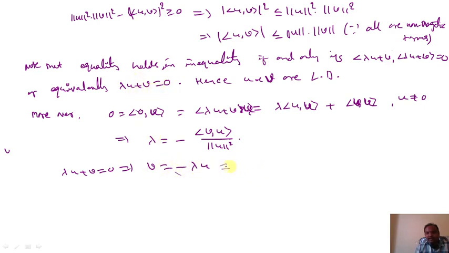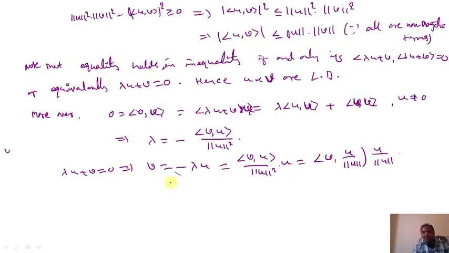The same, if I write λ = −⟨v, u⟩ by norm u squared, then v = ⟨v, u⟩ by norm u into u by norm u, a unit vector.